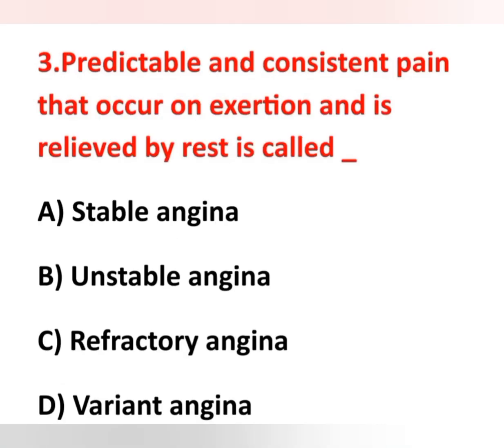Third question: predictable and consistent pain that occurs on exertion and is relieved by rest is called. Options are option A stable angina, option B unstable angina, option C refractory angina, option D variant angina.